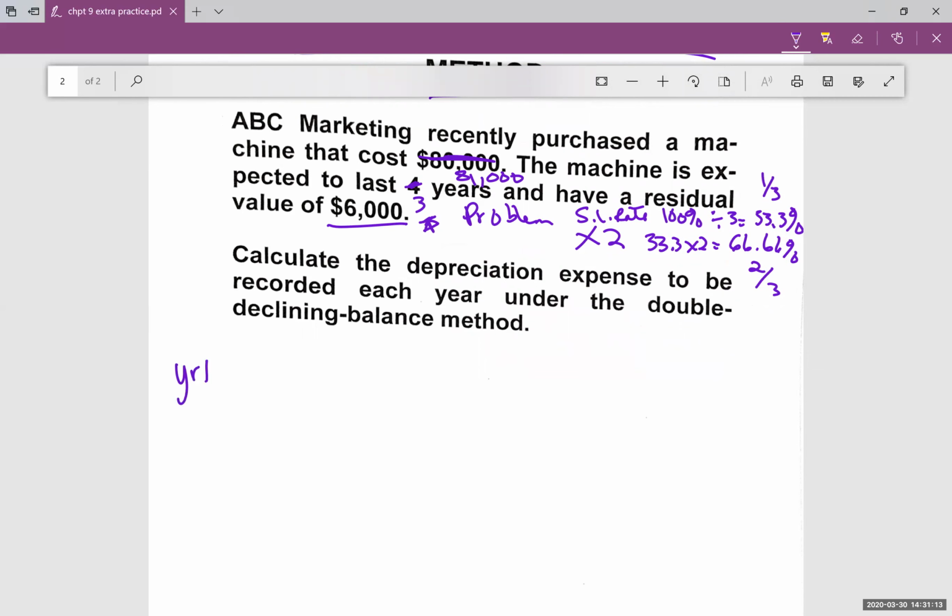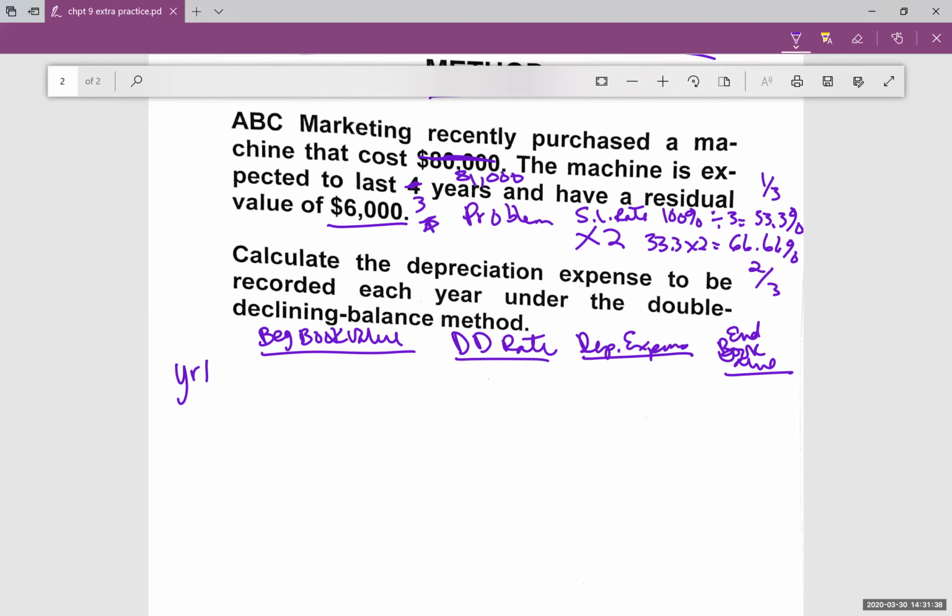We're going to have something called year one, and we're going to have beginning book value, then double declining rate, then depreciation expense, then ending book value.